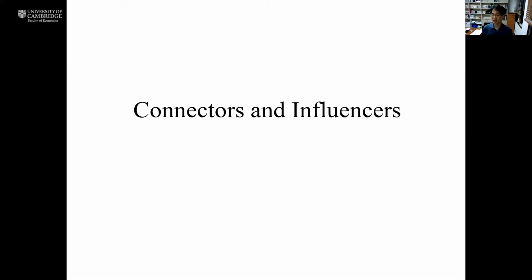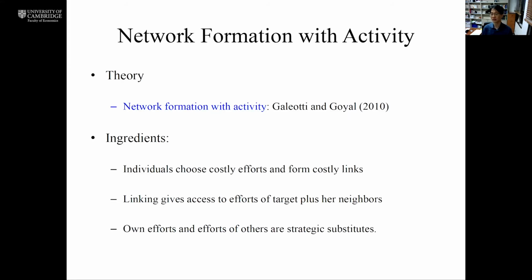This is the connectors and influencers experiment, and this is simply adding activities in addition to the linking. It is based on Sanjeev's other paper with Andrea Galeotti.